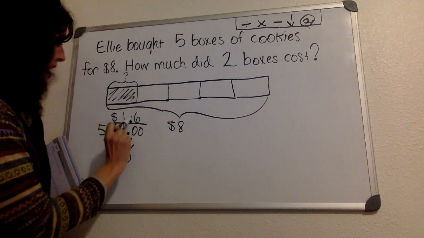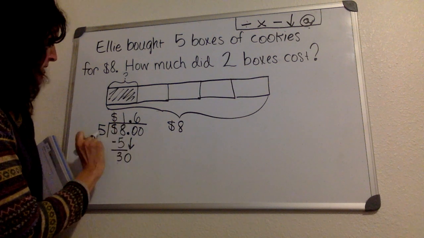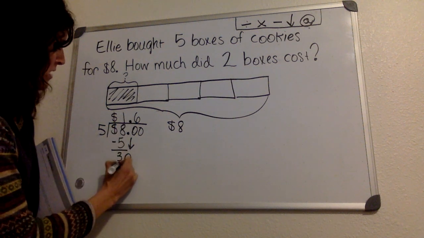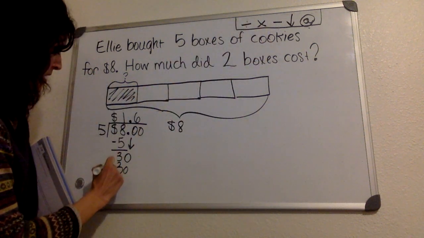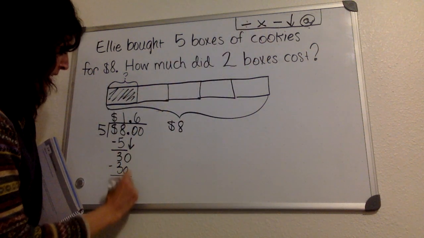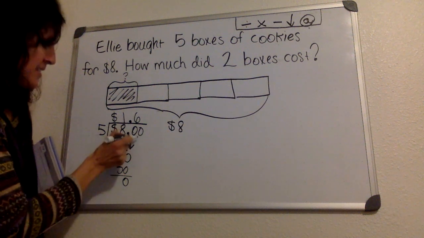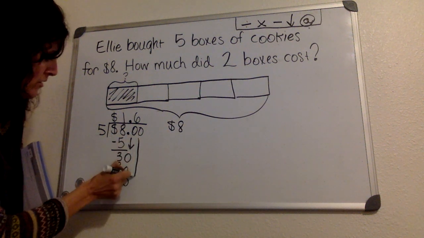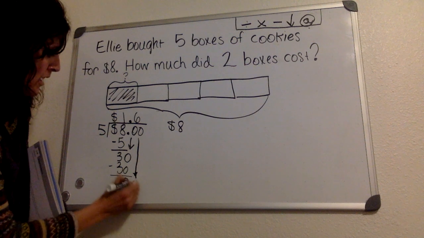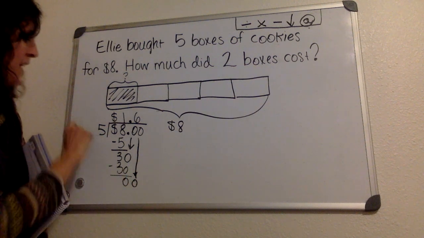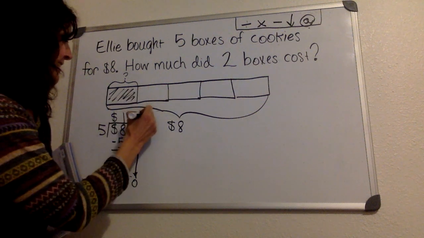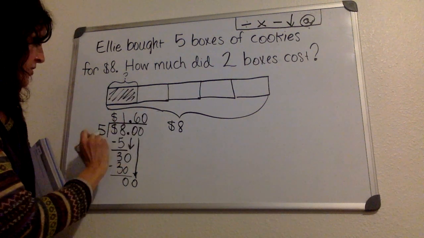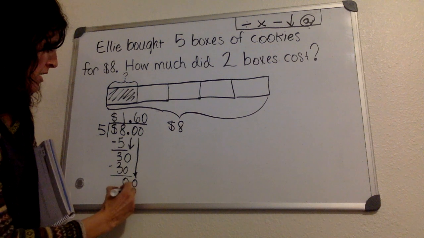All right, now I'm going to multiply. 6 times 5 is 30. Now it's time to subtract. And I get 0. I still have this number here to bring down. Okay, and that's a 0 also. So 5 goes into 0. How many times? 0. All right, and then 0 times 5 is 0.